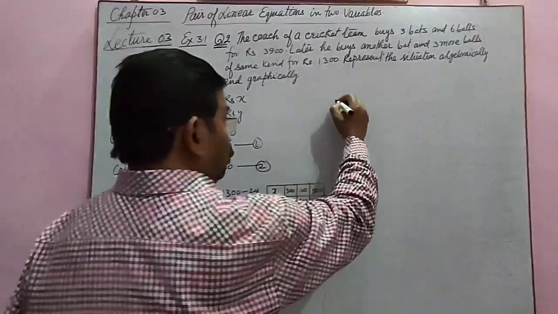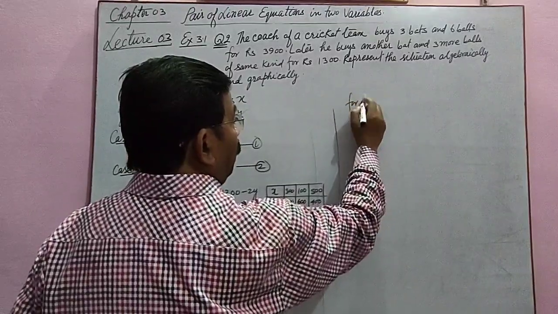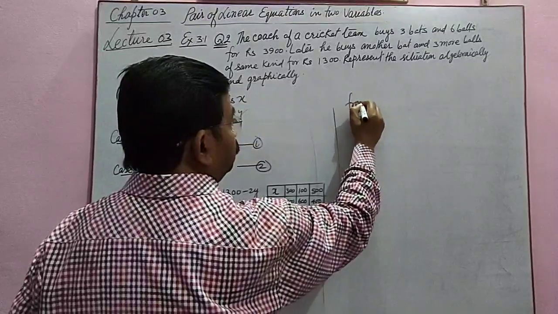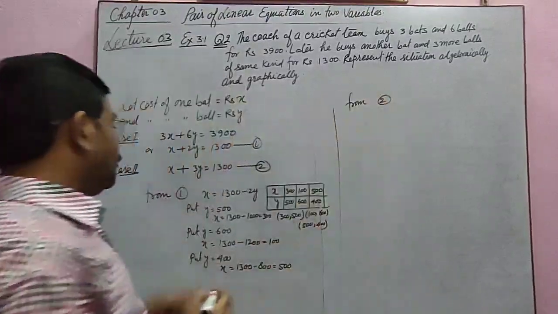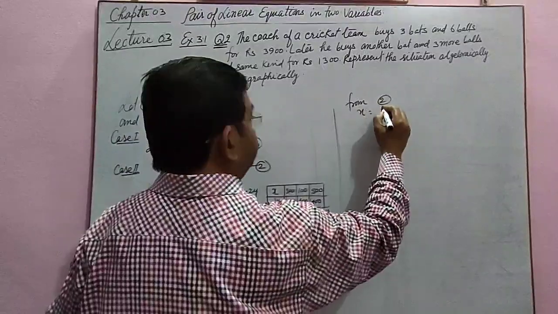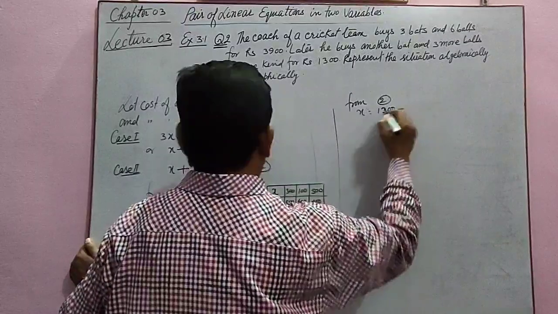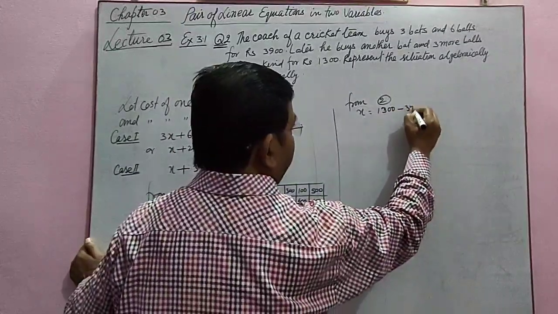Now for equation 2, once again we can find the value of x. X is equal to 1300 minus 3y.